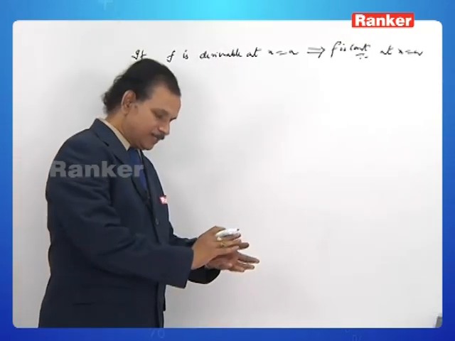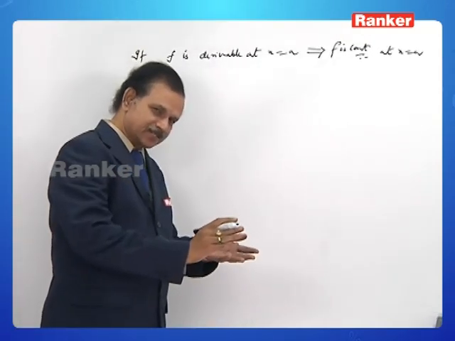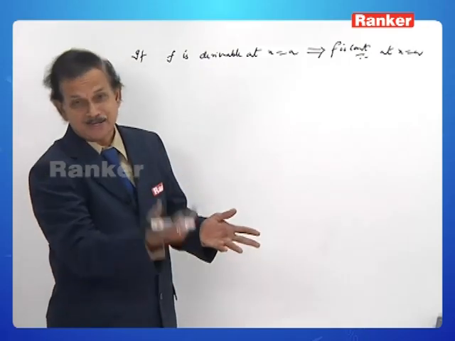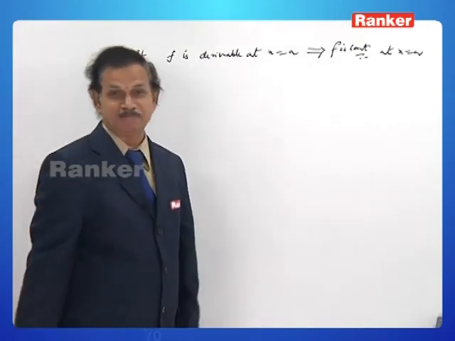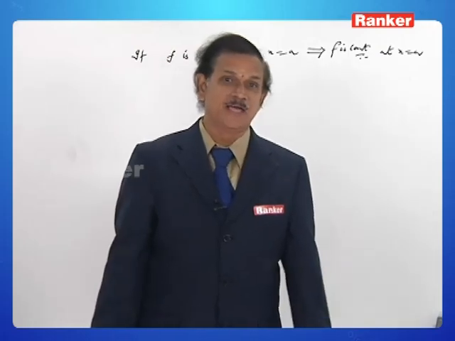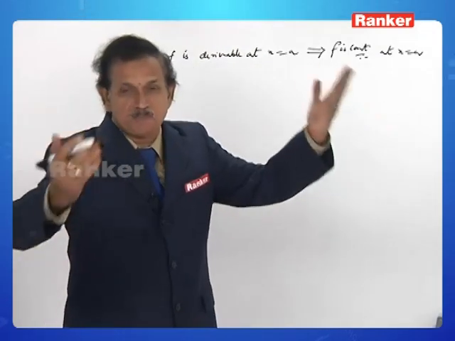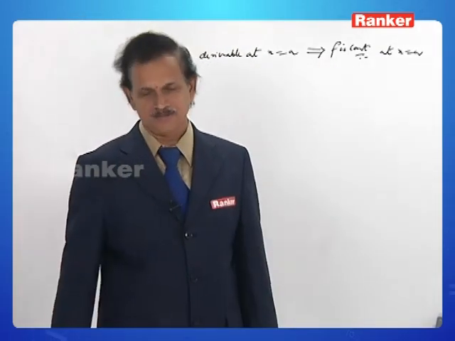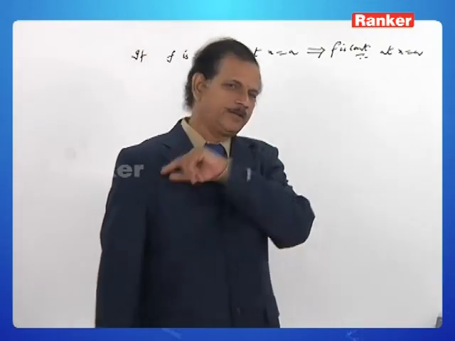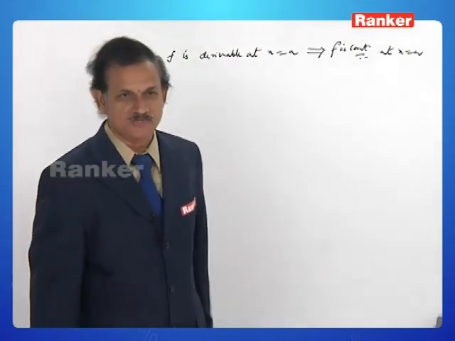So derivability implies continuity. But you see, continuity need not imply derivability. That is a concept of great importance. Surely we shall come across so many numerical examples in which it can be used, of course.